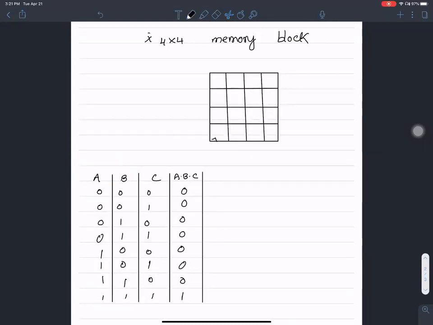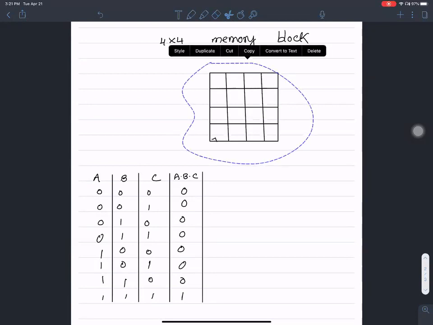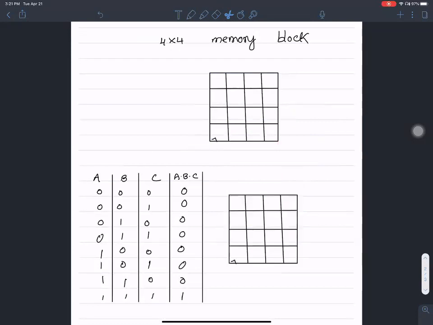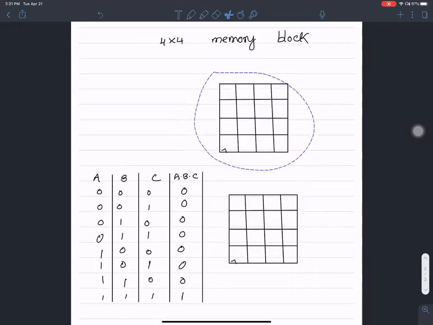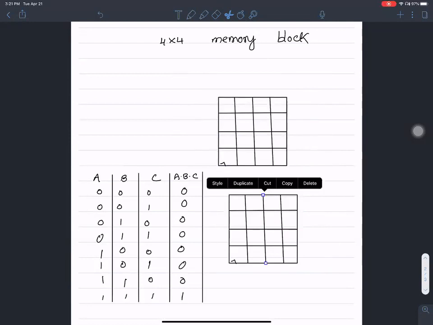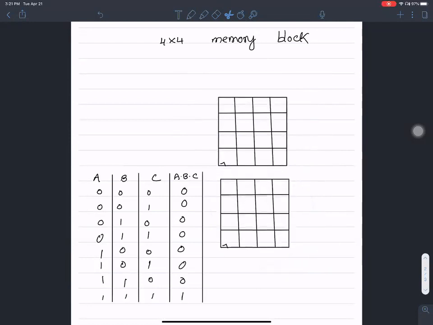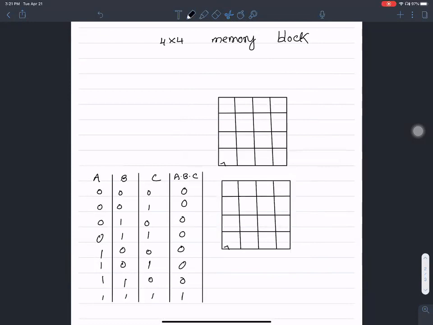Let's say I have two of those 4x4 blocks at my disposal, and I want to use them to implement a lookup table. The way I do that is by using a multiplexer. The output from this is going to drive one input of the multiplexer. The output from this guy is going to drive another input of the multiplexer. So this is a 2x1 mux.